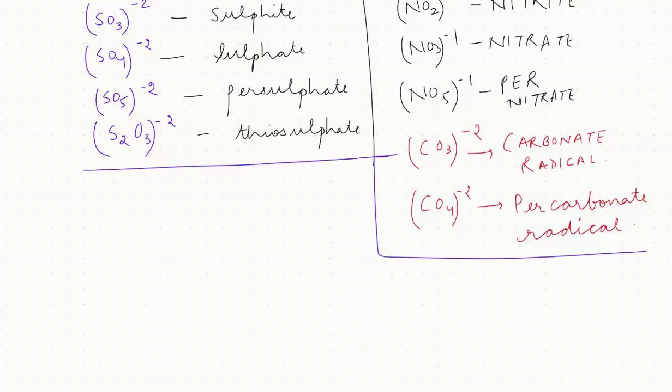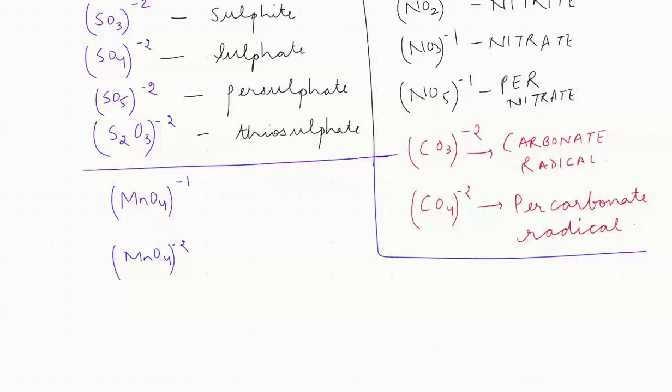Got the point? Now we would have, let's say, MnO4 minus 1, and we would also have MnO4 minus 2.